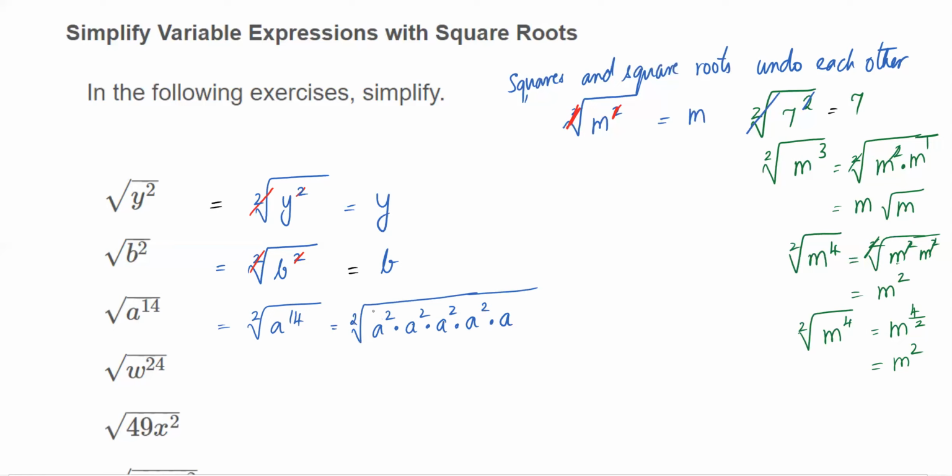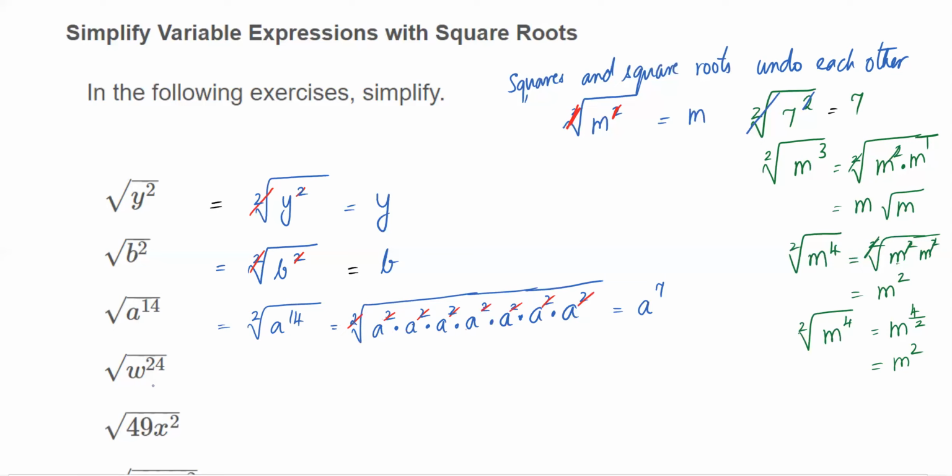Because I want the 2 to match with the root. 1, 2, 3, 4, 5, 6, 7. Well, quite obviously, you see that it's cumbersome. But if you were seeing it in terms of the 2 canceling each factor, how many a's are we left after they've cancelled off? 1, 2, 3, 4, 5, 6, 7. We're left with 7 a's. So the answer is simply a power 7. A times a times a, right? The power is 7.